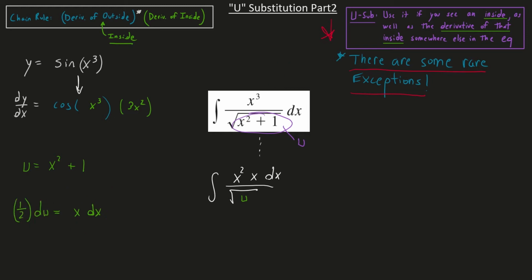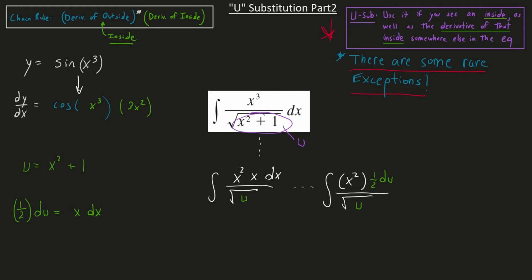So I'm looking for an x times a dx. And in a sense, there's an x times a dx buried in here. And if I split it like this, I can see that. Here it is, x times a dx. I'm splitting that x cubed into an x squared times an x. So instead of writing x times dx, I can write 1/2 du.